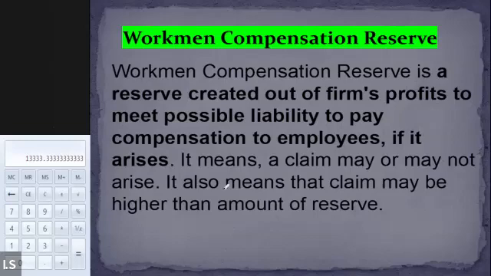It means a claim may or may not arise. There is a possibility that no injury has taken place to the employee. Then in such a situation, the claim does not arise. If the claim has not occurred, then the entire amount of compensation will get divided among the partners.